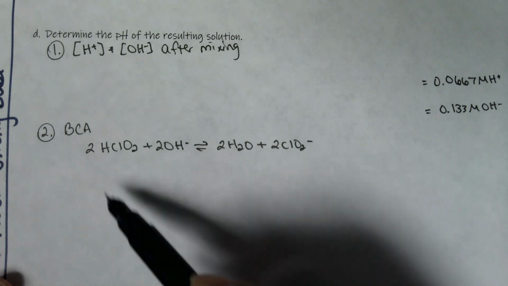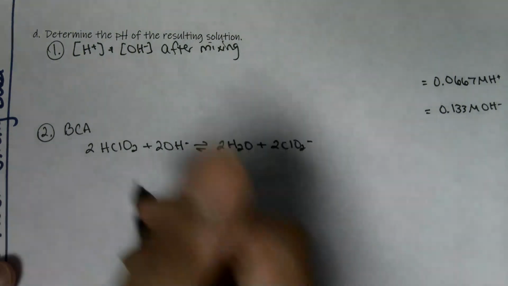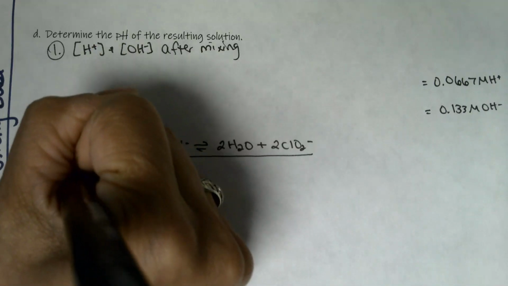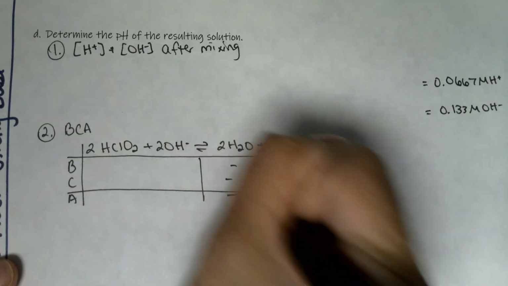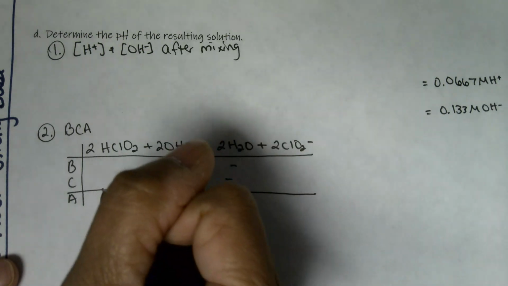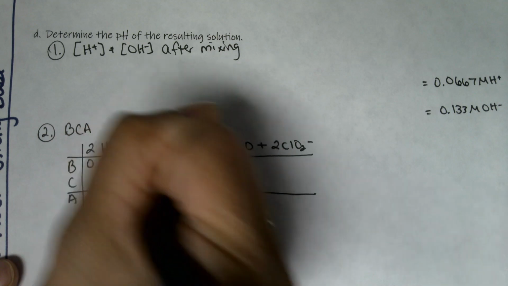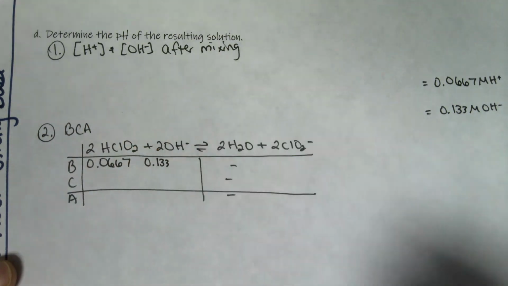I know that we've got coefficients of 2 everywhere in here, but it does matter in the grand scheme of things, so I just want to keep those 2's in there for right now. So I've got B, C, and then the A. Waters, of course, we're not going to do anything with. The H plus is 0.0667. The OH minus is 0.133.